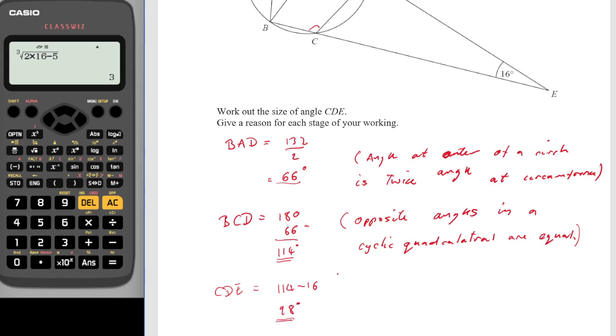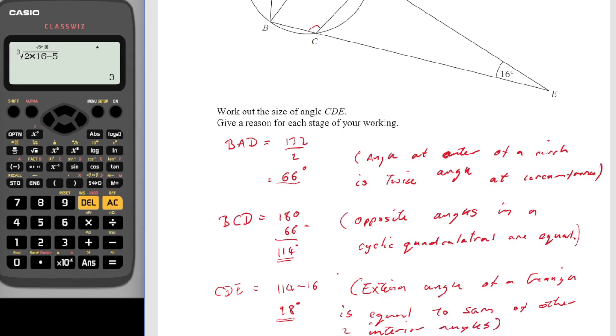And the reason I'm going to give for that is that the exterior angle of a triangle is equal to the sum of the other two interior angles.